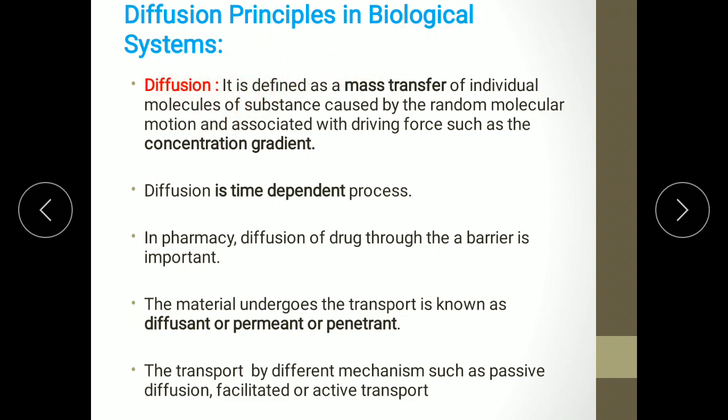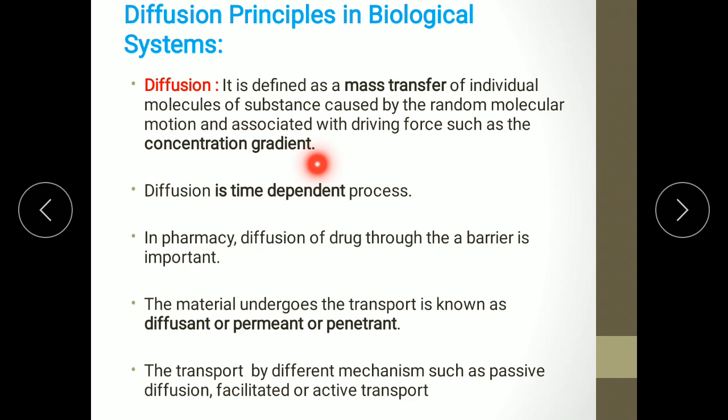Now diffusion is defined as a mass transfer of individual molecules of a substance caused by random molecular motion and associated with a driving force such as the concentration gradient.